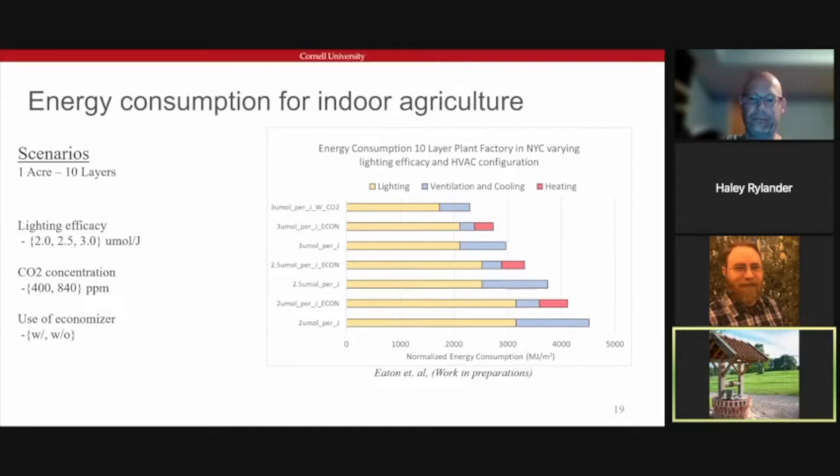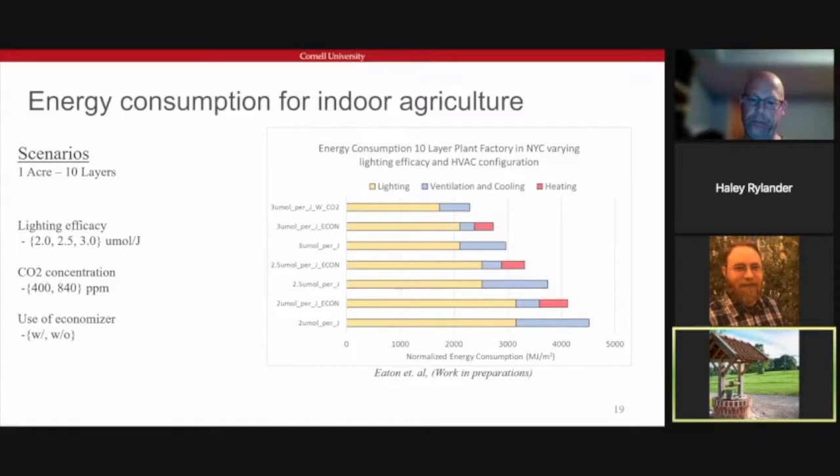So let's start at the bottom here. Our baseline plant factory uses more than 4,000 megajoules per square meter of canopy, and then you can lower the energy consumption with different design configurations. So if you increase the lighting efficacy, you can lower it.